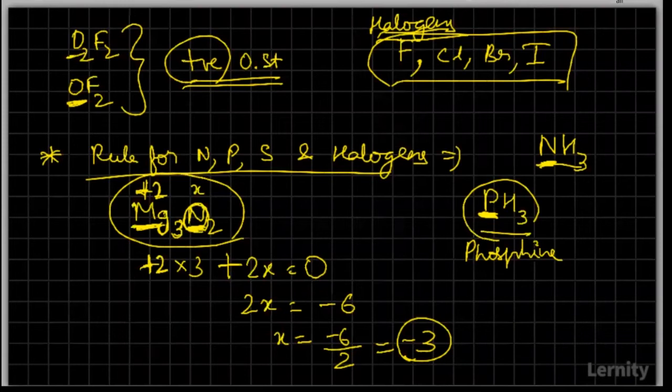So they have to carry the negative oxidation number. And moreover, phosphorus also belongs to the nitrogen family itself. So in ammonia nitrogen has -3, and in the case of phosphorus also it will be -3. So please remember these examples. Now the next one, tell me the oxidation number for this sulfur.